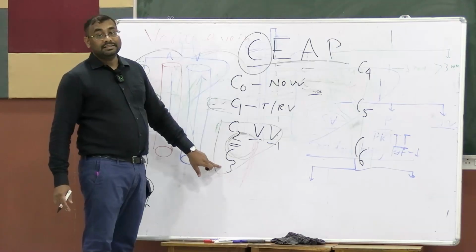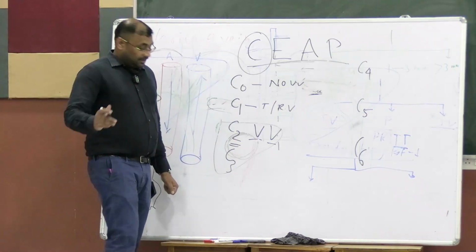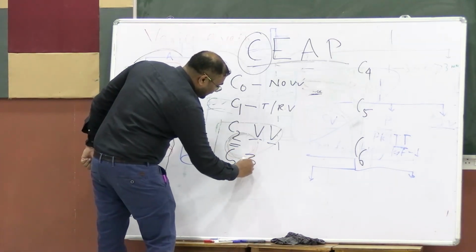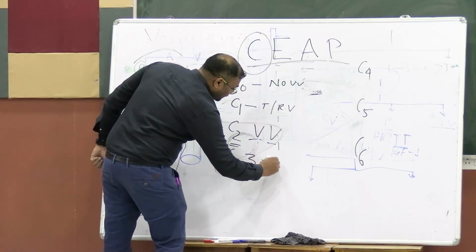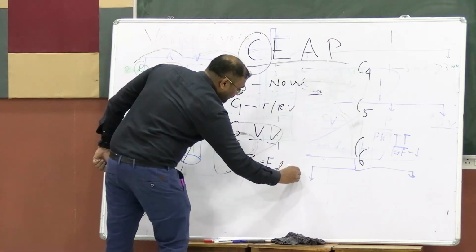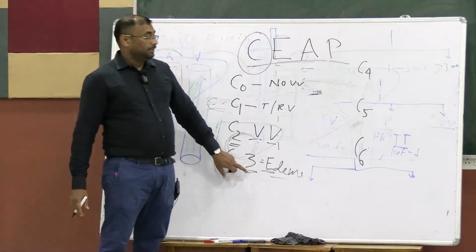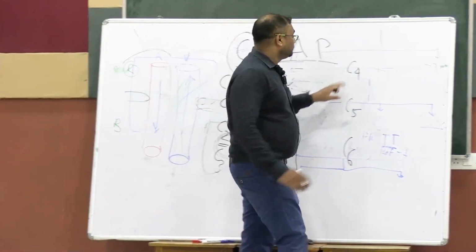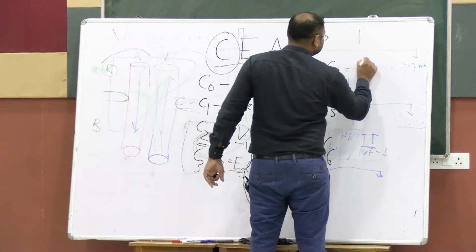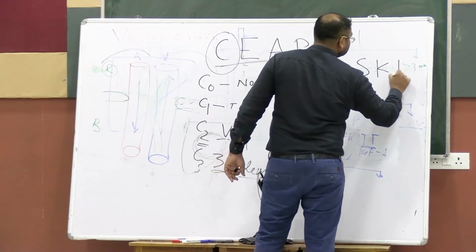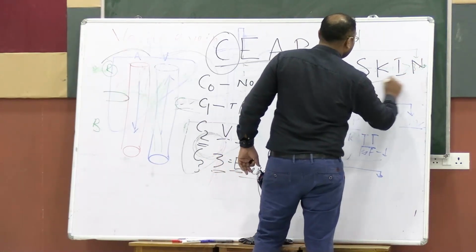In C3, what is C3? Remember 3 looks like E, so it is edema. C3 is edema. Now C4. What is C4?